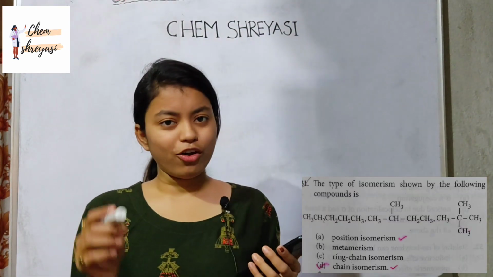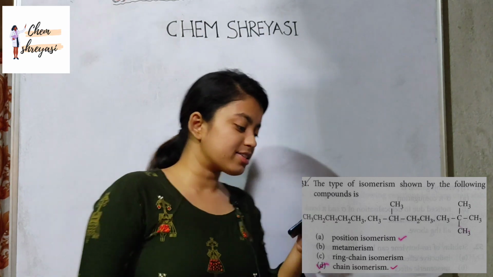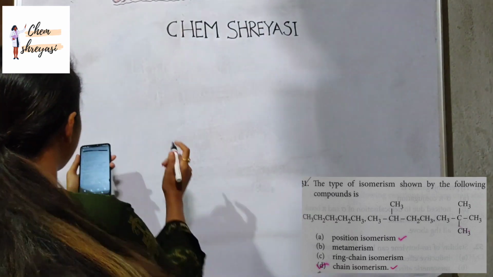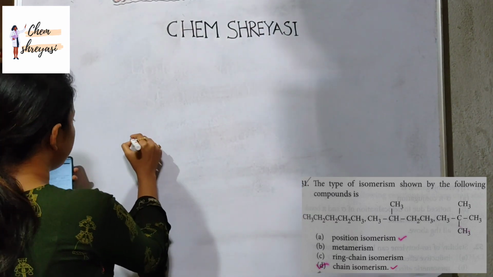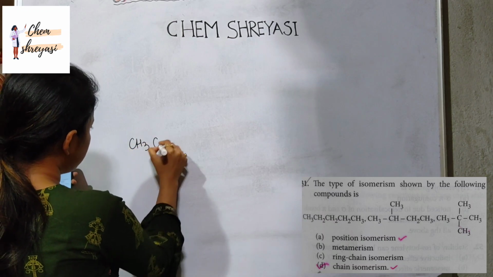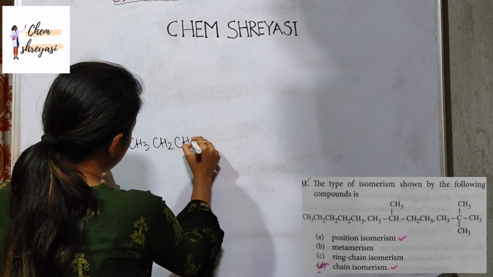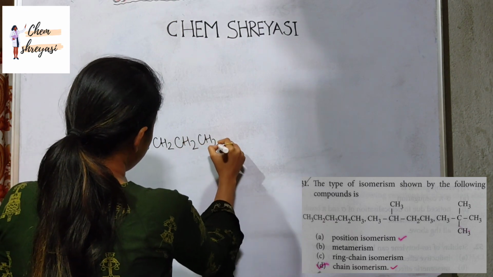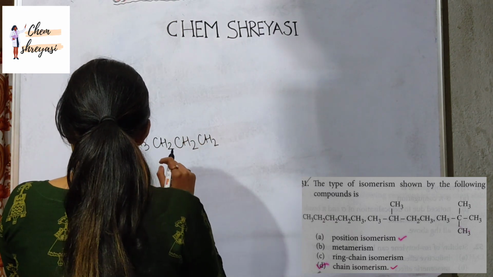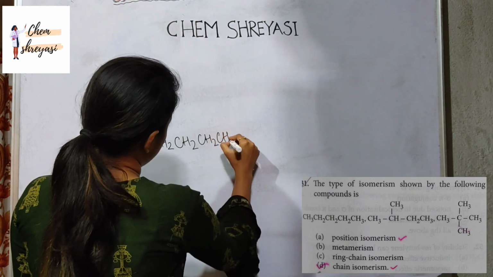So let's start the second question now. The second question is again on your screen. They have given 3 structures. Let me write the structures for you. It is CH3, CH2, CH2, CH2, CH3.